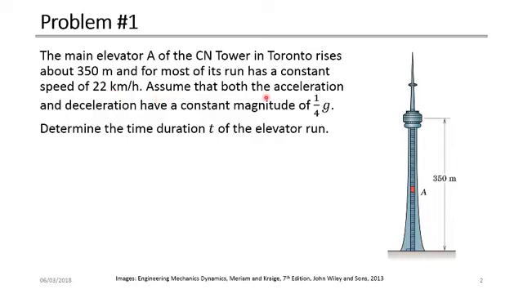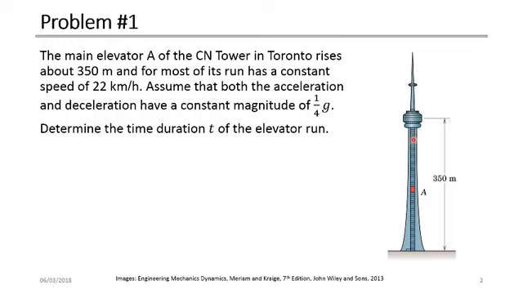Assume that both the acceleration at the beginning and the deceleration at the end of the run have a constant magnitude of 1/4 g. So at the beginning we have acceleration, then it reaches a speed of 22 kilometers per hour, and then towards the end it starts to reduce the speed.